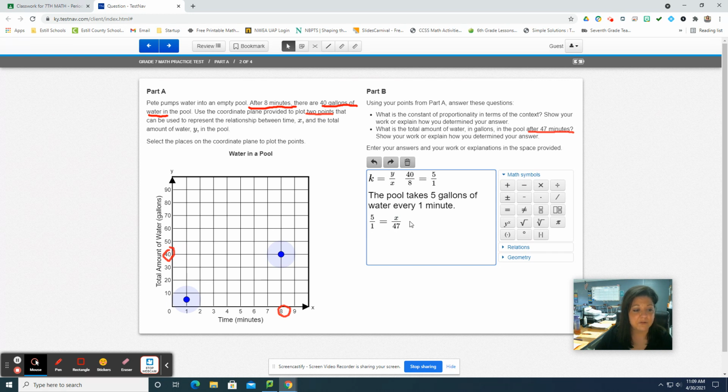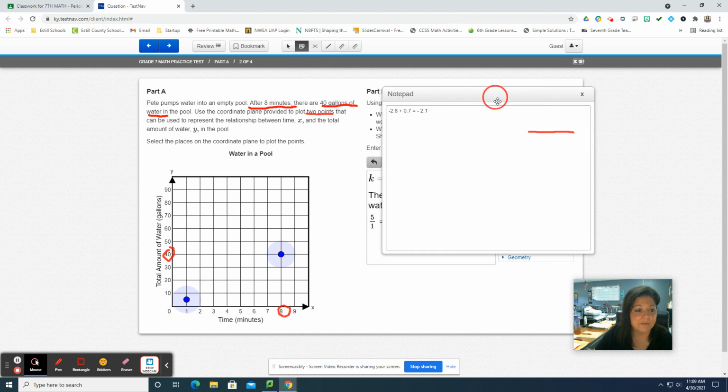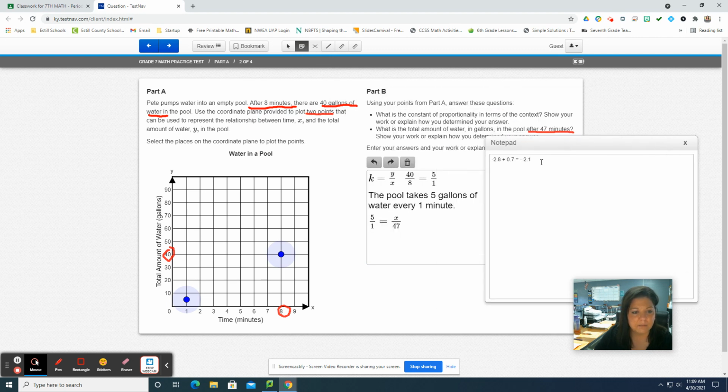So 5 times 47 is, let's see, let's do this. If we go up to Notepad, you guys would have scrap paper, but I would type 47 times 5. Now, how my brain thinks about it is I say 40 times 5 is equal to 200, and 7 times 5 is equal to 35.